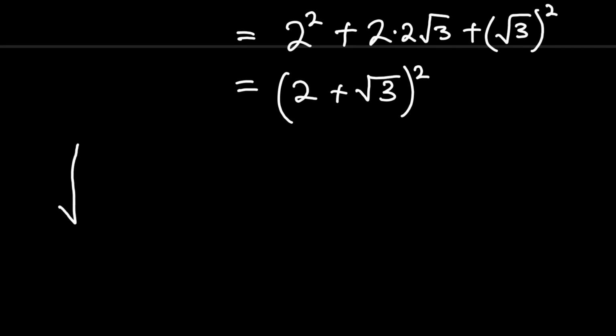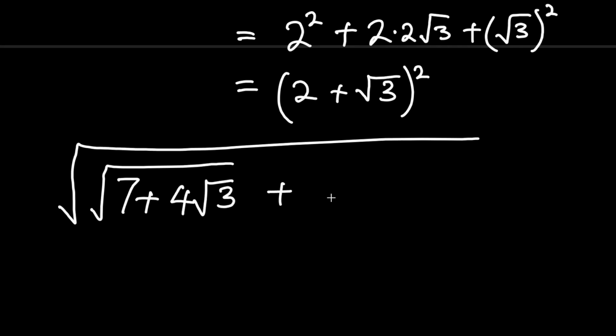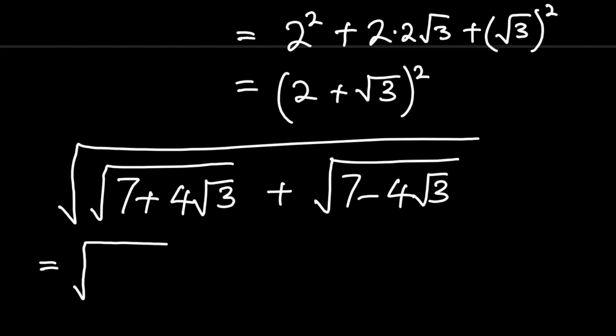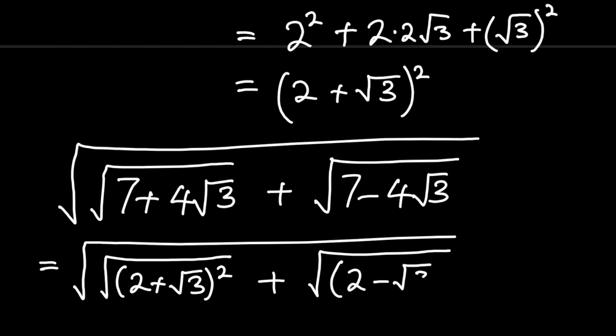We are going to have the square root of 7 plus 4 root 3 plus the square root of 7 minus 4 root 3. So this becomes the square root of 2 plus root 3 all square, plus the square root of 2 minus root 3 all square.